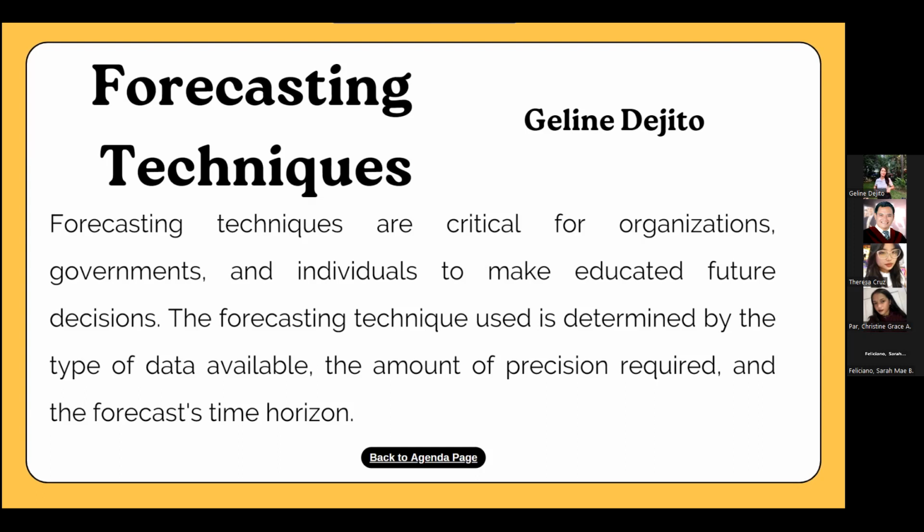However, cross-sectional data is better suited to regression analysis because it comprises observations collected at a single moment in time, like demographic data. When deciding on a method of forecasting, it's also crucial to take into account the needed degree of precision.